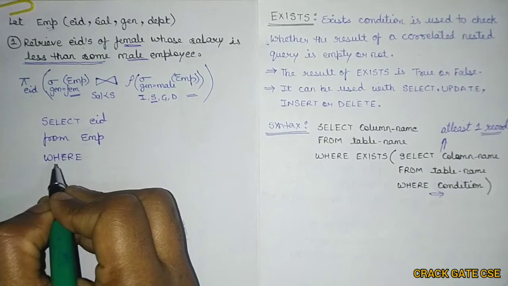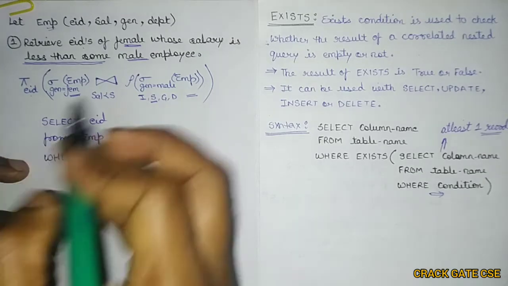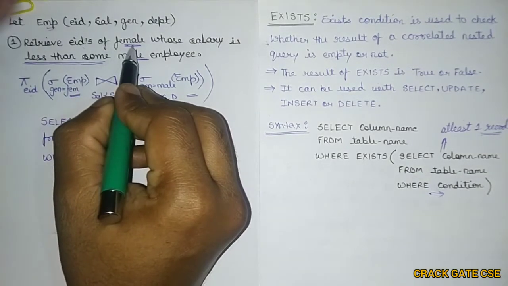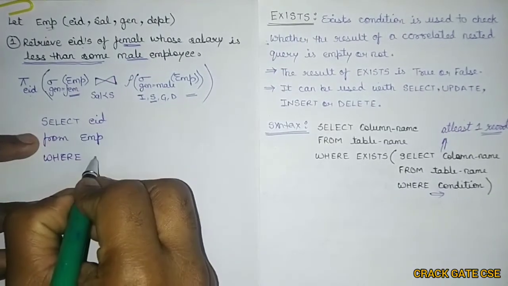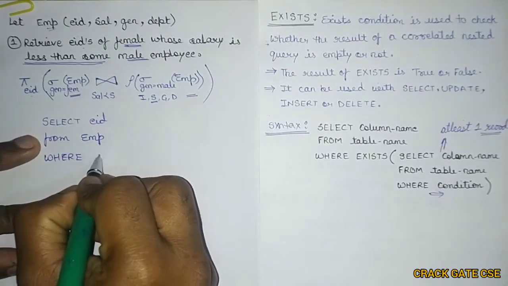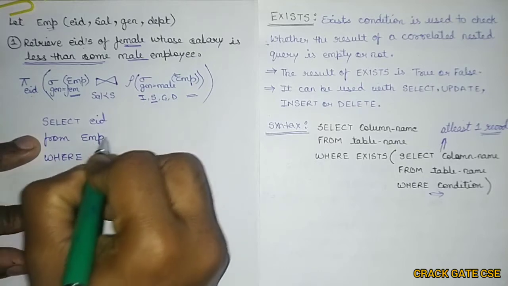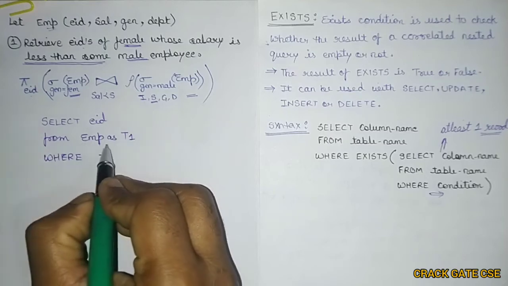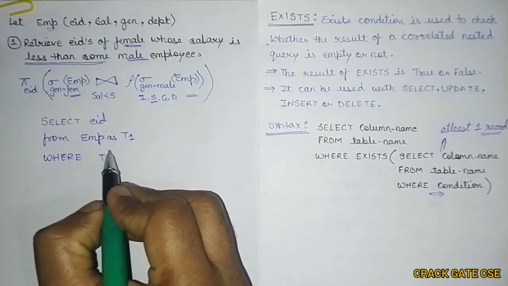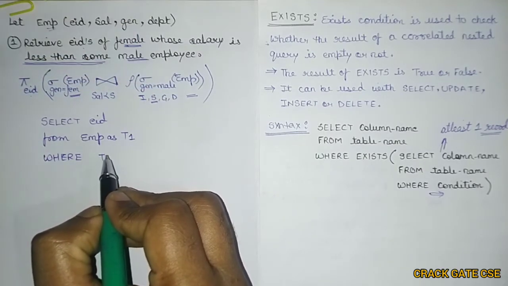There are several conditions. One condition is that the gender has to be female for the left one. So I'm taking employee as T1. I'm renaming the left hand side table as T1 and I will rename the other table as T2.